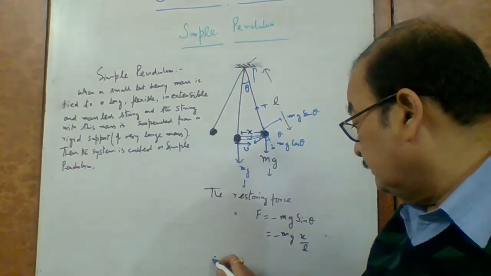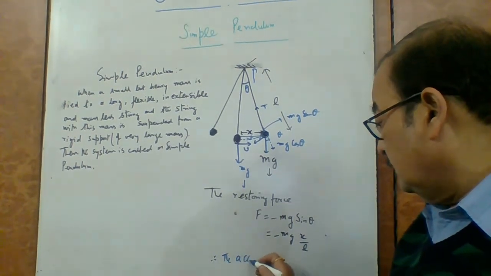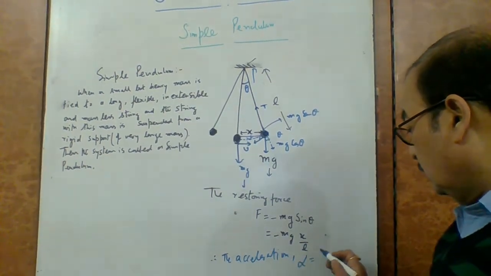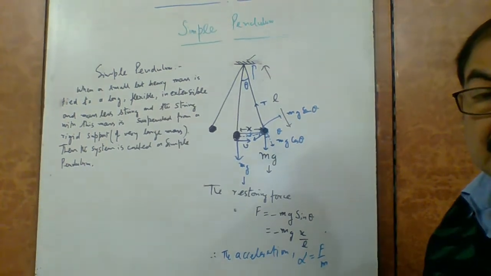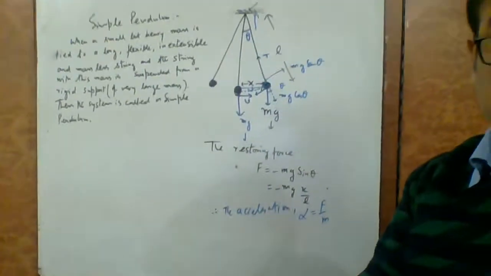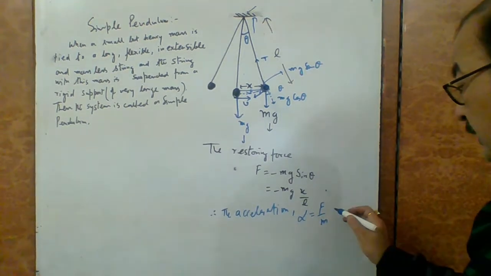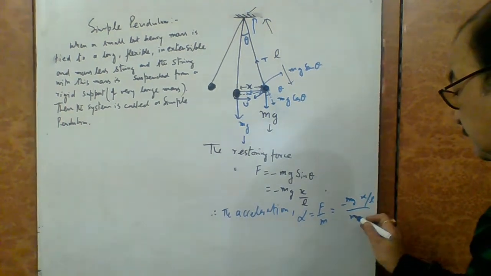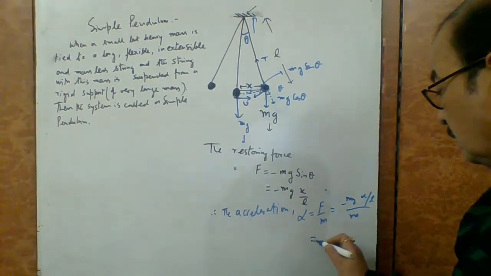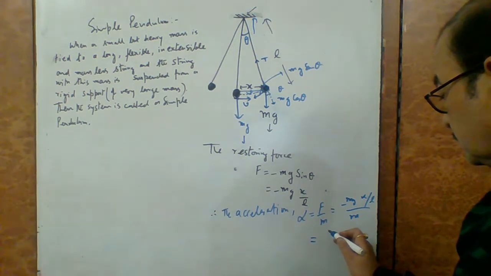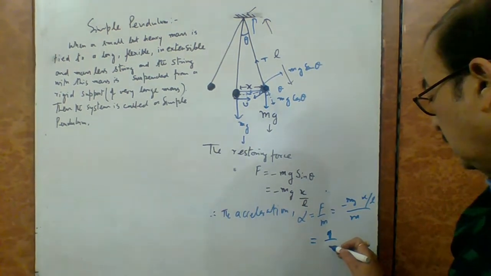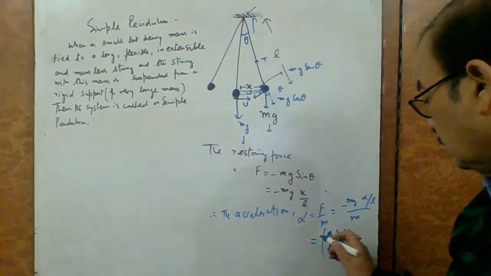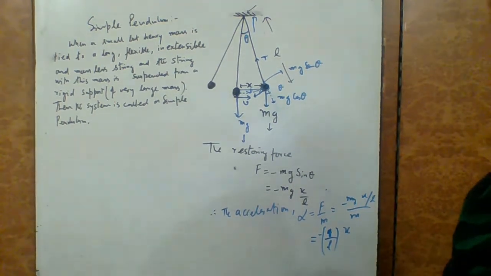Therefore the acceleration alpha equals F by m. Clear? F by m means minus mg x upon L upon m. Cancel out, we are left with g by L into x with minus sign.